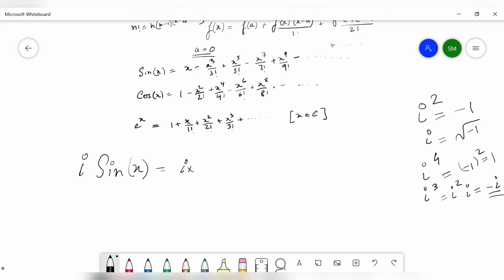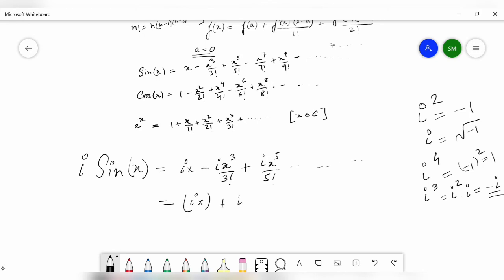i times x minus ix cube by 3 factorial plus ix to the power 5 by 5 factorial, and you get the picture, right? And now I can write it like this: ix, and then minus ix cube divided by 3 factorial.